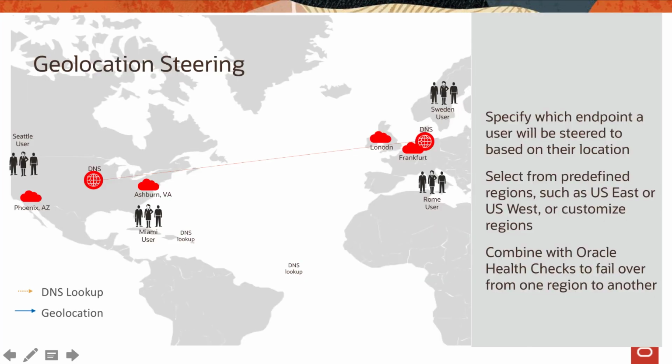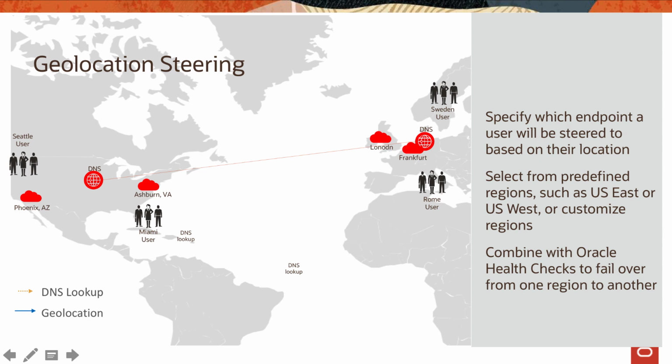Very commonly, you see that there are use cases where you want to direct traffic based upon your geographical region. For instance, you have an e-commerce application, and for your European customers, you want all of them to go to your European sites because it's a different language.